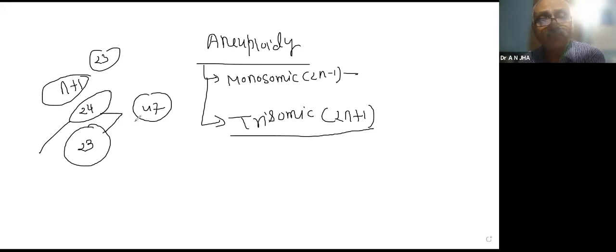How it becomes 47 and what the problem is in anaphase, we discussed in the first class. Again, I am repeating because some new students are here. Then I will come to trisomy.